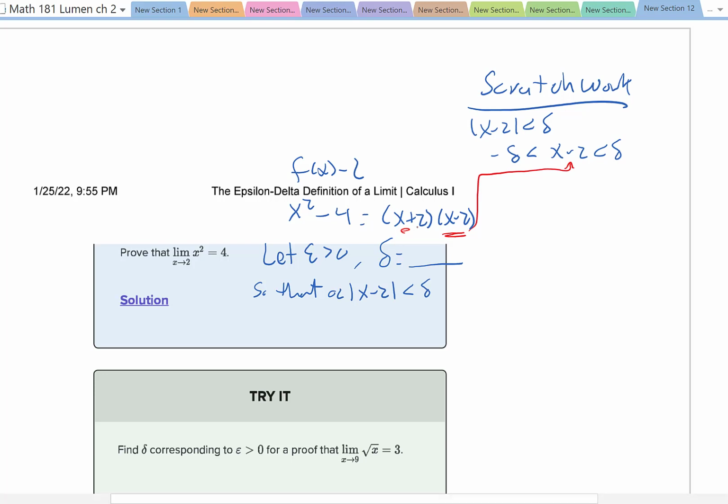Okay, so in getting to this process, if I want this to be x plus 2, I'm going to have to add 4 to all the parts. So negative delta plus 4 is less than x plus 2 less than delta plus 4.